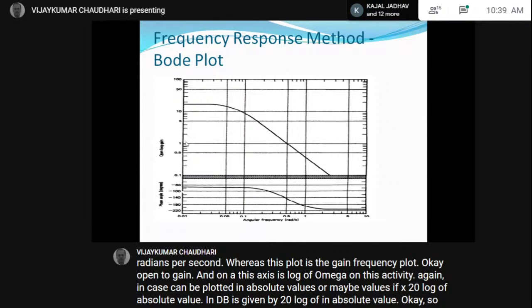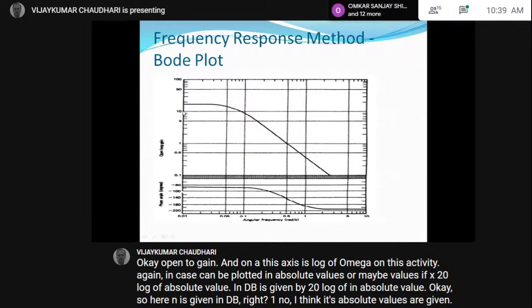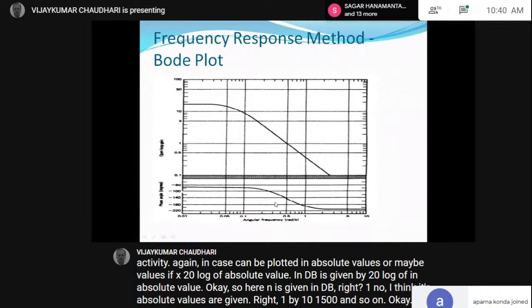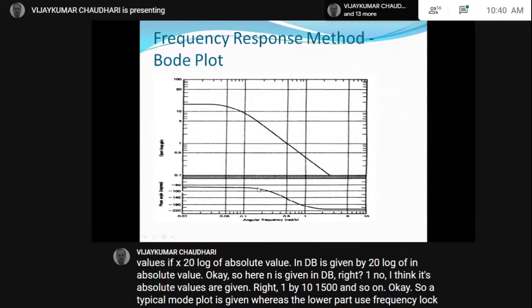No, I think absolute values are given, right? 1, 5, 10, 50, 100, and so on, 100, 200, and so on. So a typical Bode plot is given, whereas the lower part gives log frequency versus phase. So this is the gain plot and this is the phase plot.